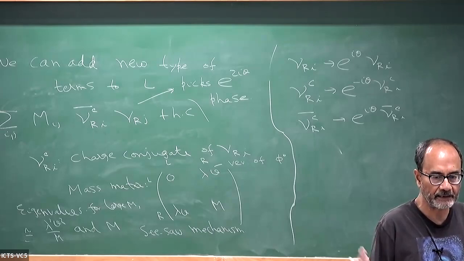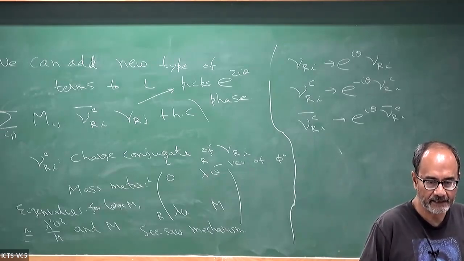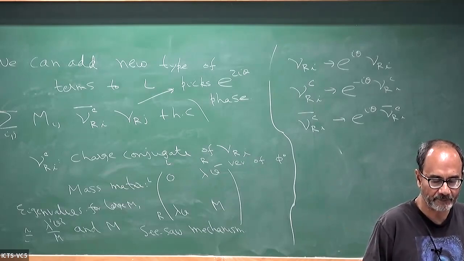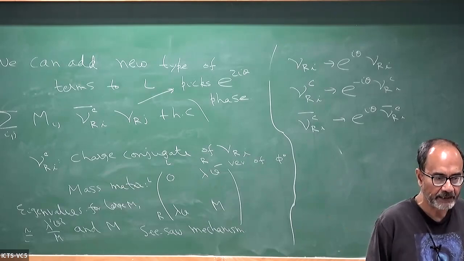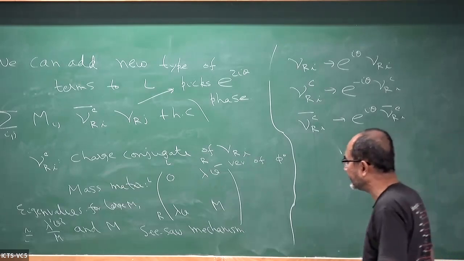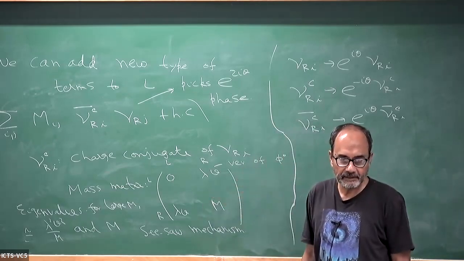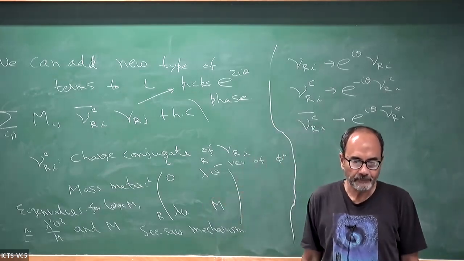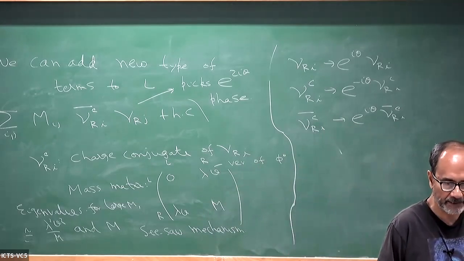Given the parameters of the model, you can actually calculate at what rate you will see these neutrinoless double beta decays. You basically use that to put a constraint on this mass M, because if M is too low, then these neutrinoless double beta decays will be too prolific, which you haven't seen.